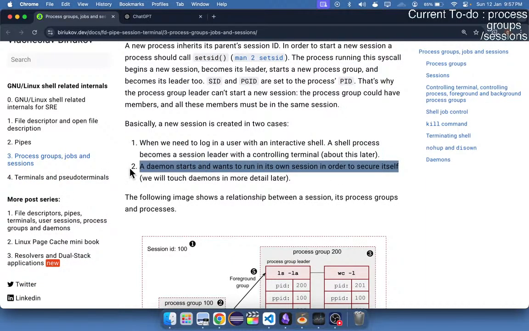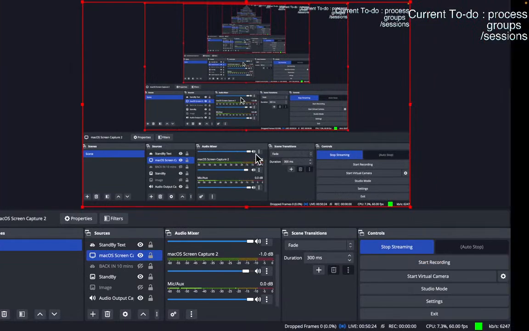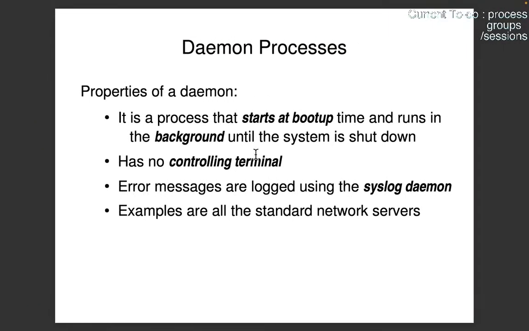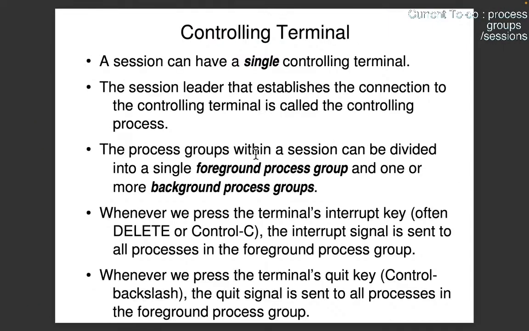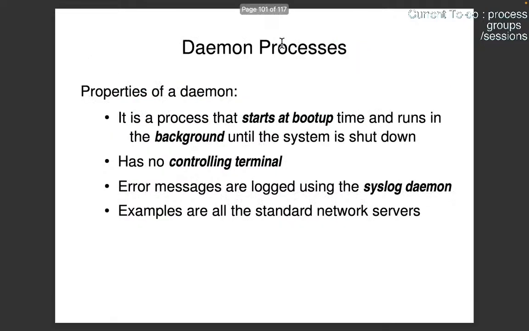So a session can have a control terminal or not, but a control terminal is always associated with a session. A daemon is a process that starts at boot time and runs in the background until the system shuts down. It has no control terminal.